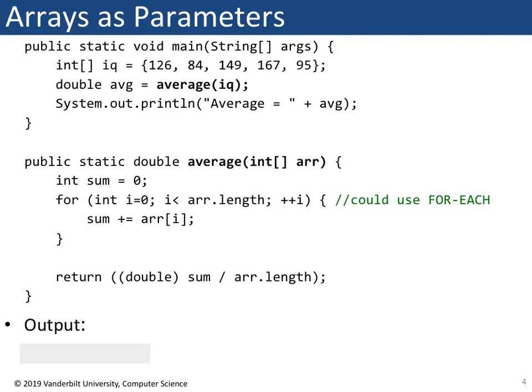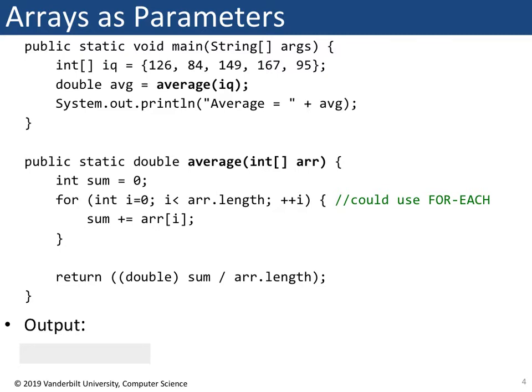So inside this main method, we're declaring an integer type array called IQ, and we are initializing it with these values: 126, 84, 149, 167, 95. So this creates the array object in memory, and initializes it with these values. So it's an array with length 5 and these values. Then we are calling this method average and giving it as parameter our IQ array.